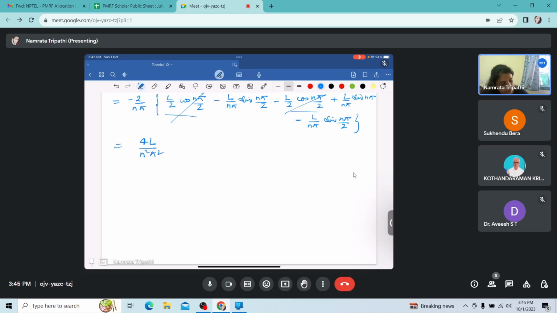So sine n pi becomes 0, and the sum of these two terms with multiplication you will get sine n pi by 2. Fine. Minus minus will become plus.